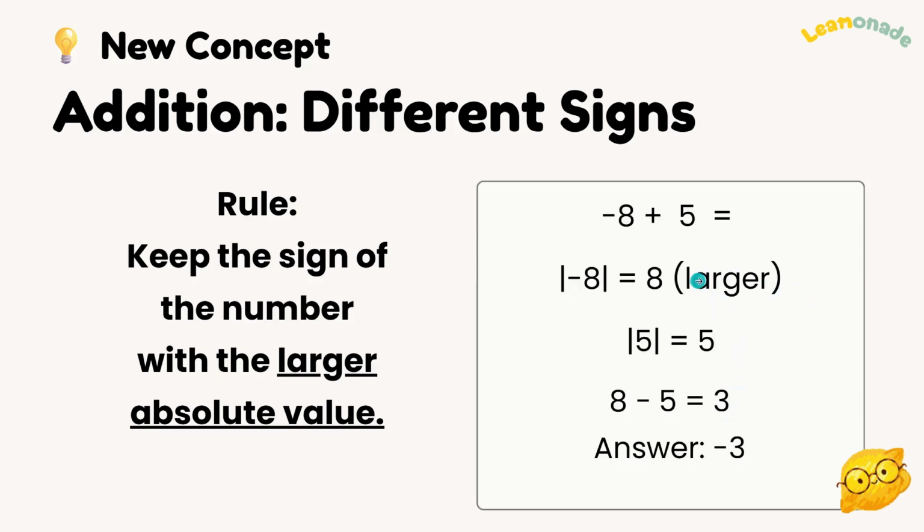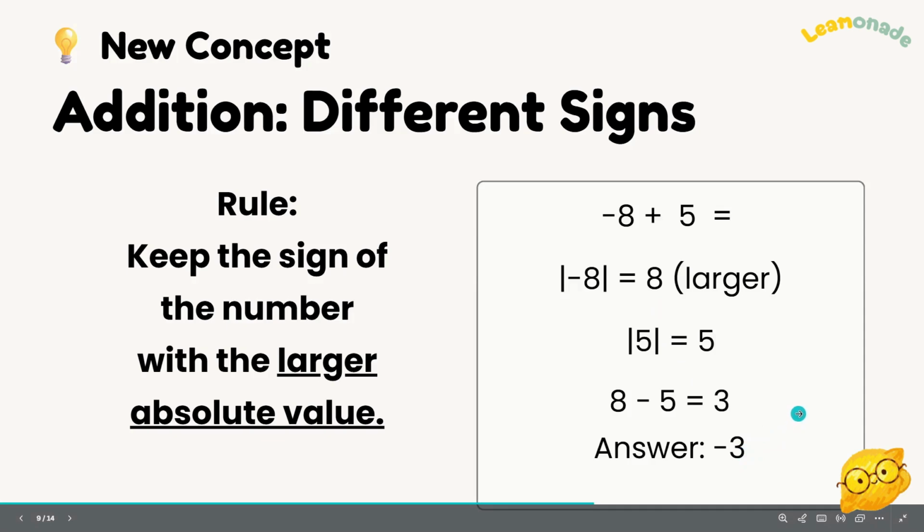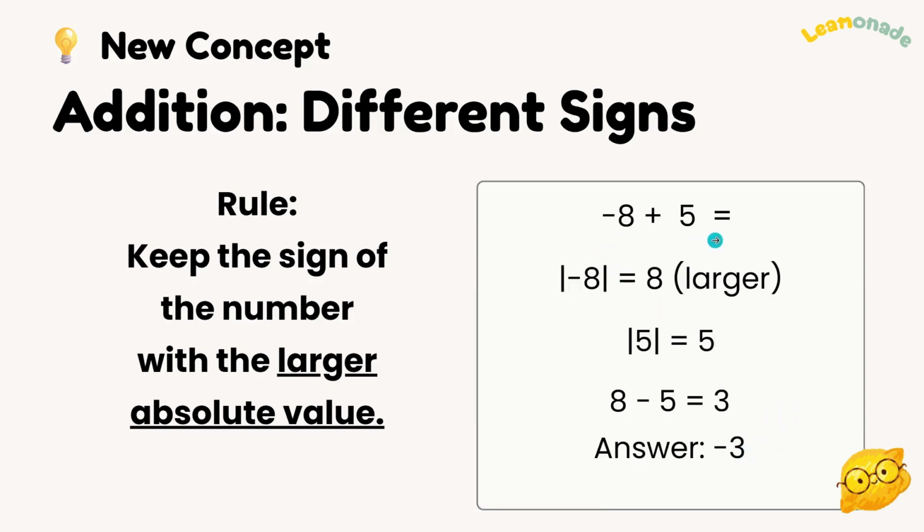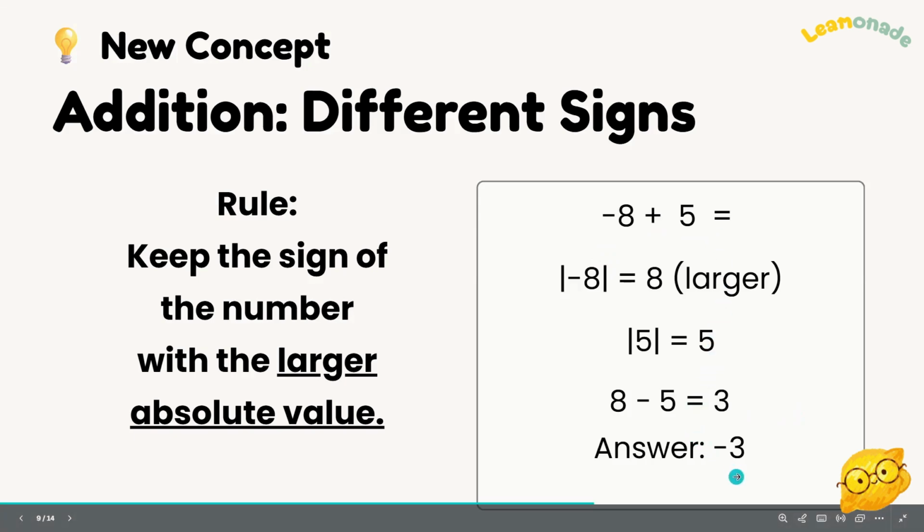Negative 8 had the larger absolute value. Since the number is negative, our answer will also be negative. So negative 8 plus 5 equals negative 3. When the signs are different, compare the absolute values. Subtract and keep the sign of the number with the larger absolute value.